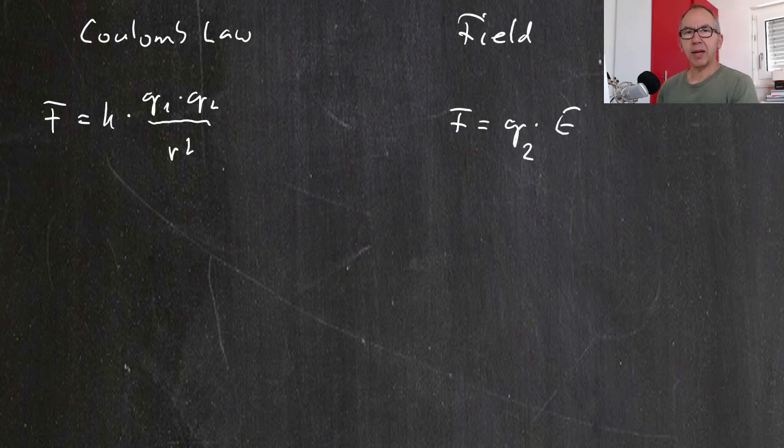Well, if you calculate the force using Coulomb's law directly, or if you first calculate the electric field and then the force, should not make any difference. Therefore, these two sides have to be the same.